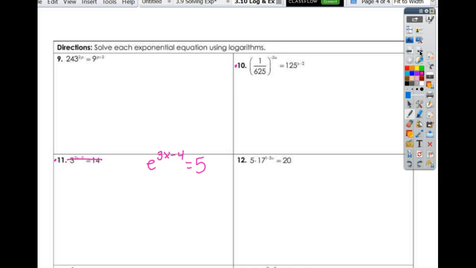Number 10. What do I have to do on number 10? Common bases. So, what do they both end in? 5. So everybody do 5. 625 is 5 to what power? 4, and it's negative. And then 125 is the 3rd. And once we have that, I get negative 12n equals 3n minus 6.